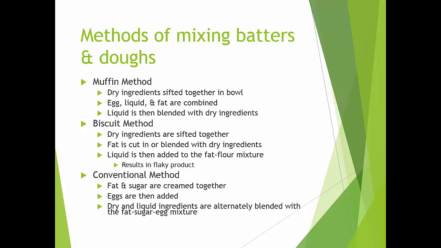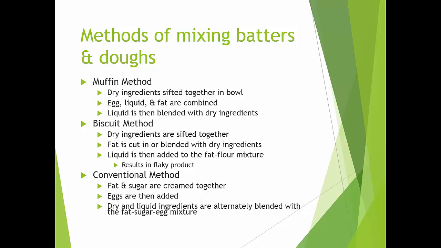So methods of mixing batters and dough, again, we're going to look at these, but we've looked at these before. The muffin method, where the dry ingredients are sifted together in a bowl, the egg, liquid, and fat are combined, and the liquid is then blended with the dry ingredients. The biscuit method is where the dry ingredients are sifted together.